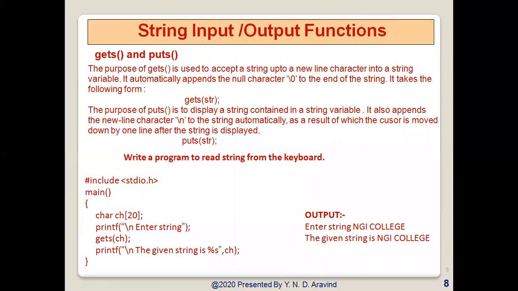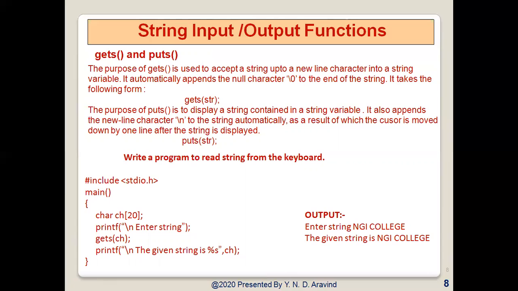There is another, third type of string input output function, that is gets and puts. The purpose of gets is to accept a string up to a new line character into a string variable. So until it encounters a new line \n, it is going to take the values into str.